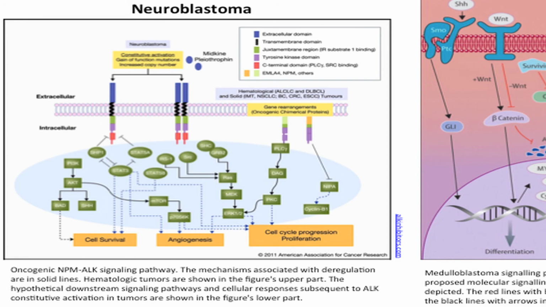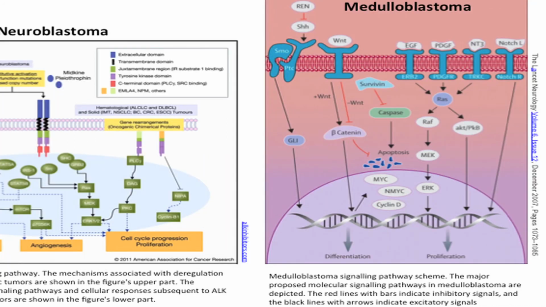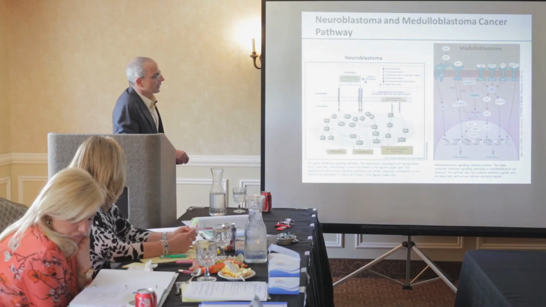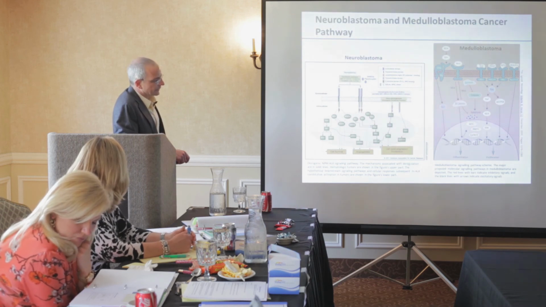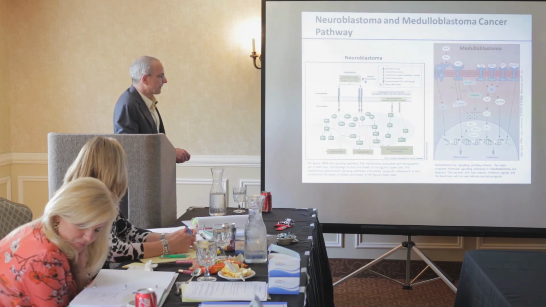And over here, by the way, it's the Wnt pathway in here too, which is over here for medulloblastoma. So different types of pathways are used to give these juvenile cancers that are seen in very young children.